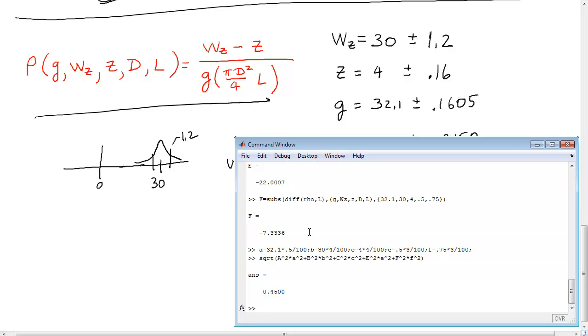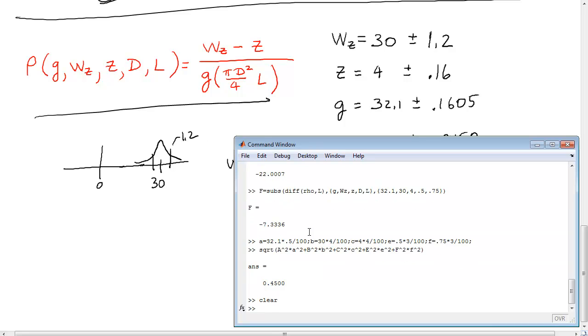I have everything stored in my command history, so I can go back to this at any point. So I'm going to hit a clear. And now I'm going to basically look at WZ.